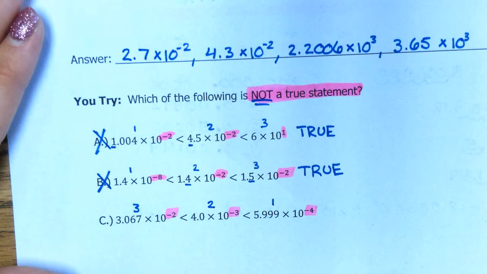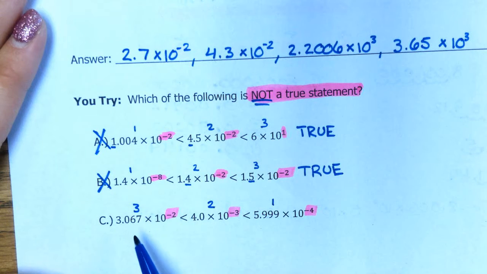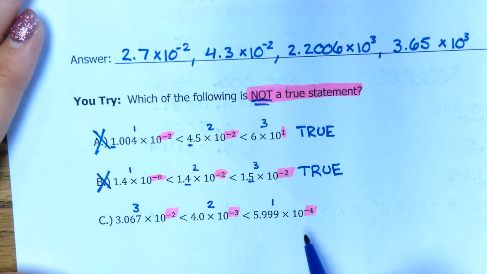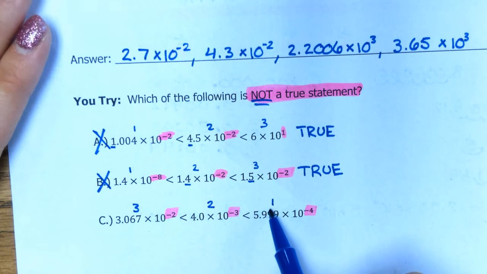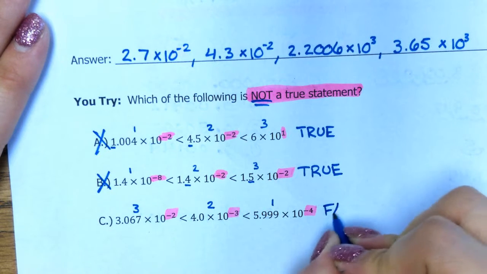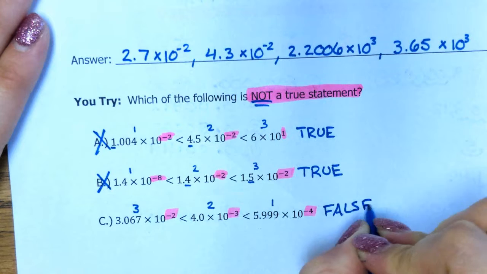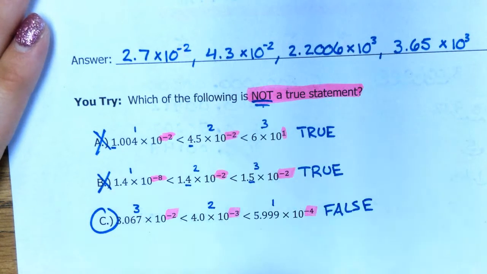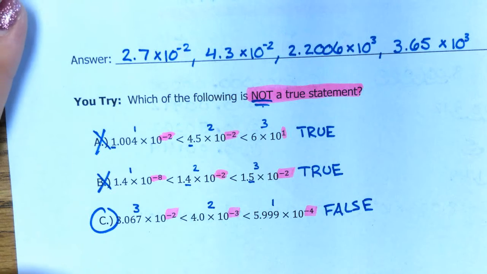So this is saying -2 is less than -3 is less than -4. But that doesn't make sense because if they were less than, this one would be first, then that one, then that one. So this one is the one that is false, making that the answer to my question for which is not true. So that one's a little bit tricky.